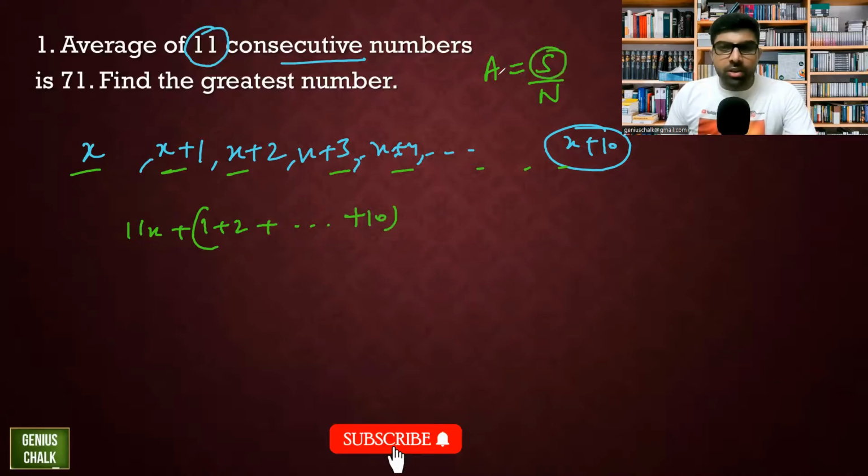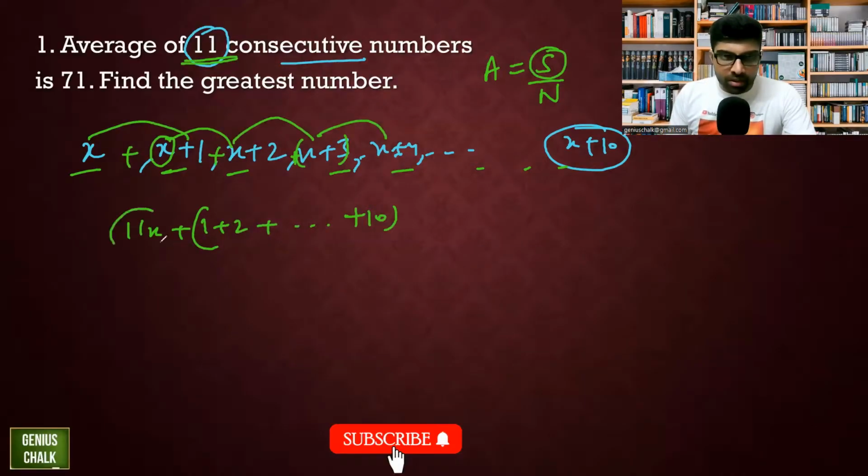Because I know average equals to sum by number. If I solve this by basic method, x plus 1 plus x plus 2 plus x plus 3. You see, if you count all these x are 11, because there are 11 such consecutive numbers. So it is 11x. And then right from 1, you can start counting it. 1, then 2, then 3, and then up to 10.